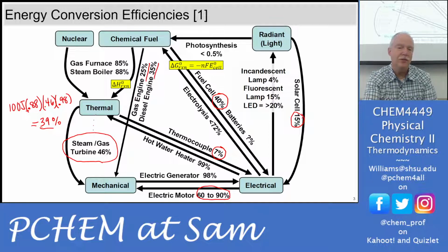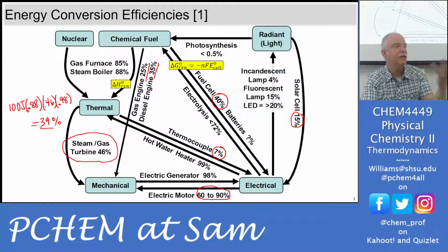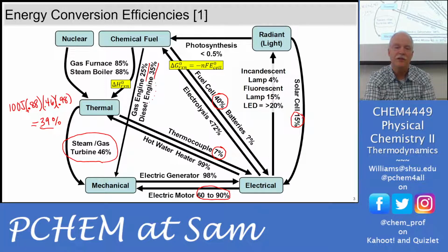So there you're skipping this thermal loop, you're skipping the steam turbine, but still piston engines we saw from the Carnot cycle, it's really hard to get those to be more than 35% efficient. Okay, so this is, again, Carnot cycle type efficiencies here in these piston engines. But they're going straight to mechanical, and that's what we want. So that's our vehicles right there, using chemical liquid fuel and turning it into mechanical energy.